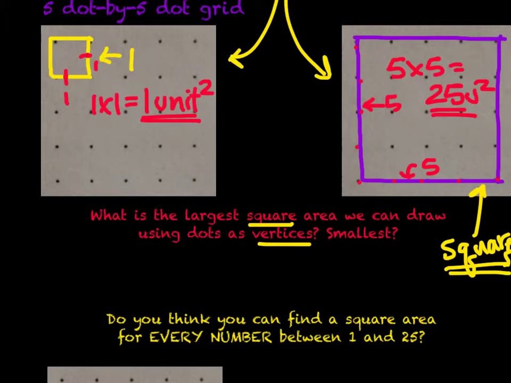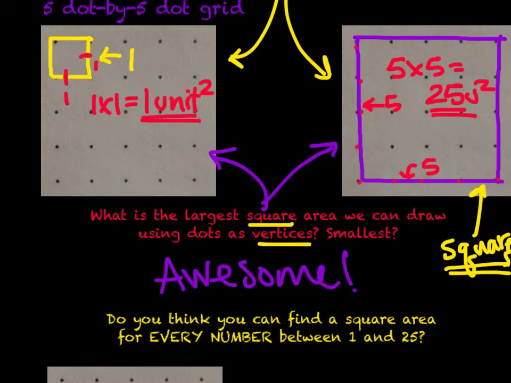So we're not doing anything inside of these dots. That's not our goal. Instead, we are doing things on the dots. So the points of each, or the corners of each square, need to be aligning with the dot. And what is the smallest? So I want you to think about that. Hopefully you are having an epiphany and saying, well, it's what I have already drawn, and that would be awesome.